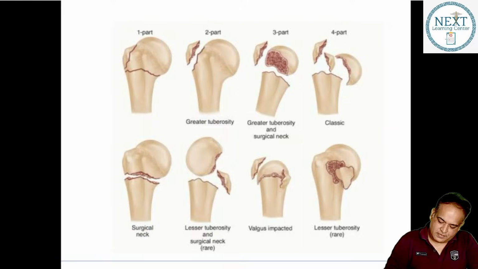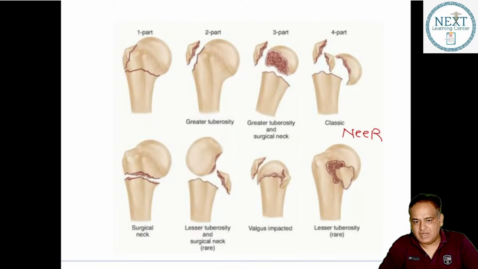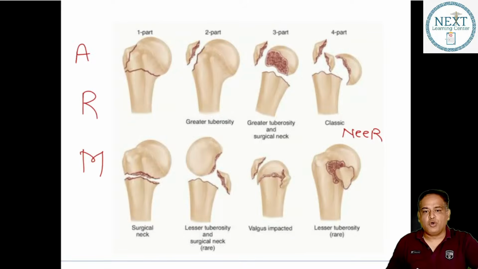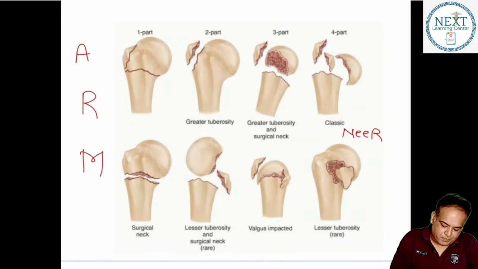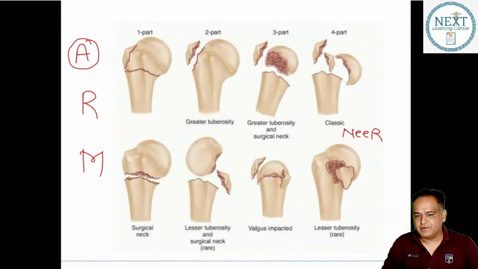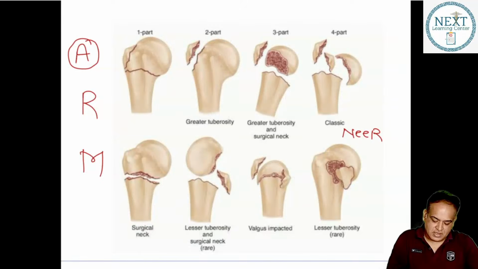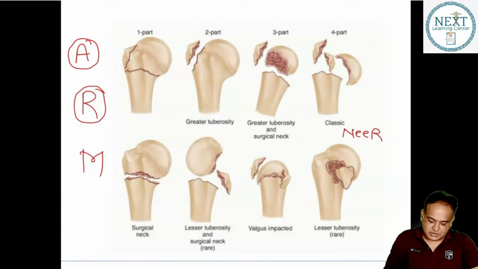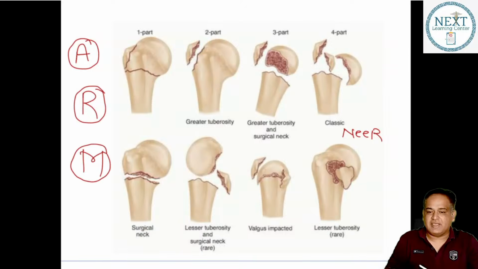Now, this one, what we are discussing here is Neer classification of proximal humerus. Remember, humerus is the bone of the arm. So in proximal humerus, the axillary nerve is injured. Mid-humerus, radial nerve is injured. Distal humerus, median nerve and ulnar nerve are injured.